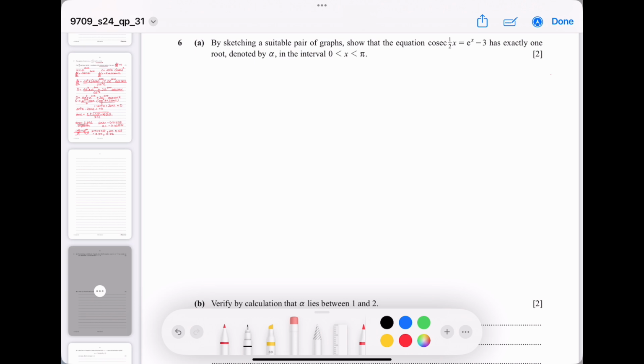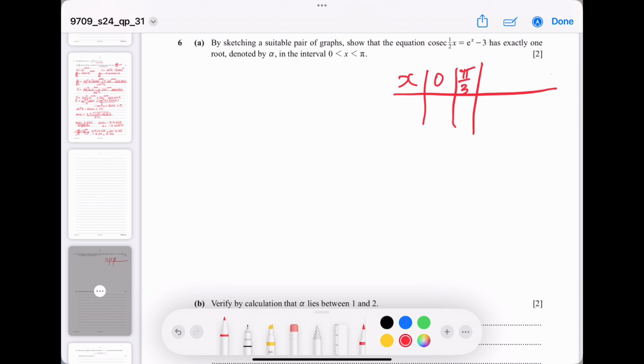So we're going to choose some values of x. 0 is normally a good one. Its cosec, which we know is 1 over sine. So I might actually use multiples of pi.